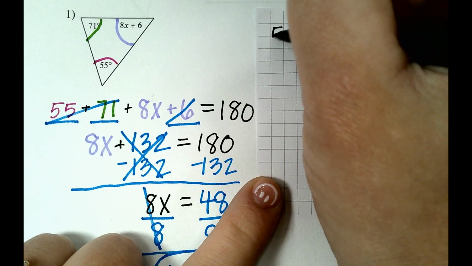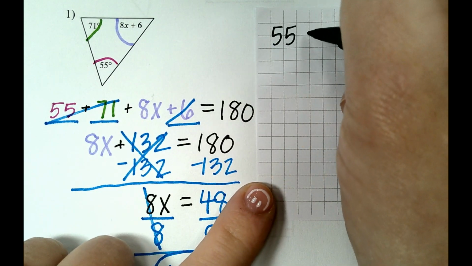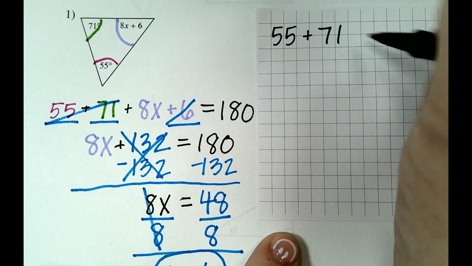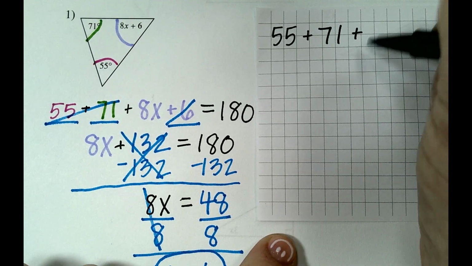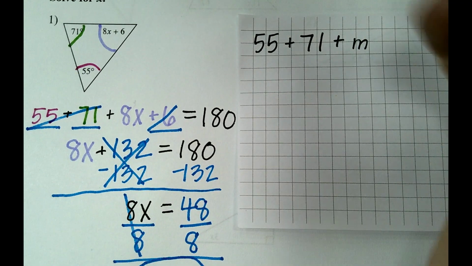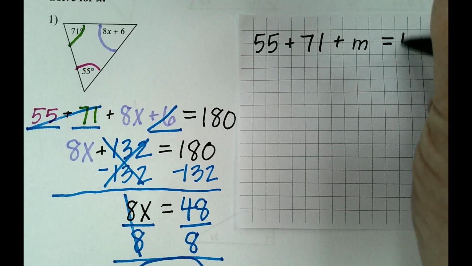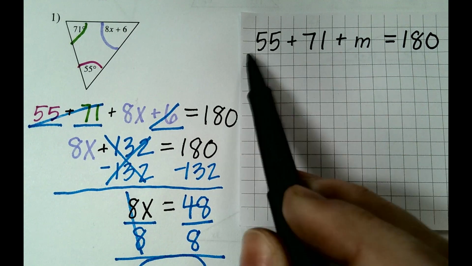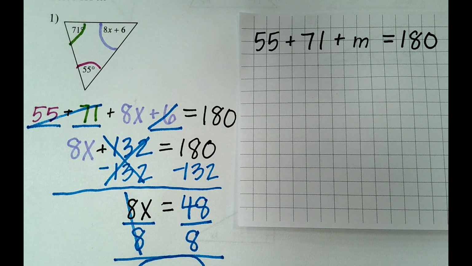I know 55 plus 71 plus, well, my missing angle, I'll use a little m for missing angle, equal to 180. And then you said you added these together and subtracted from 180, right? Yep.